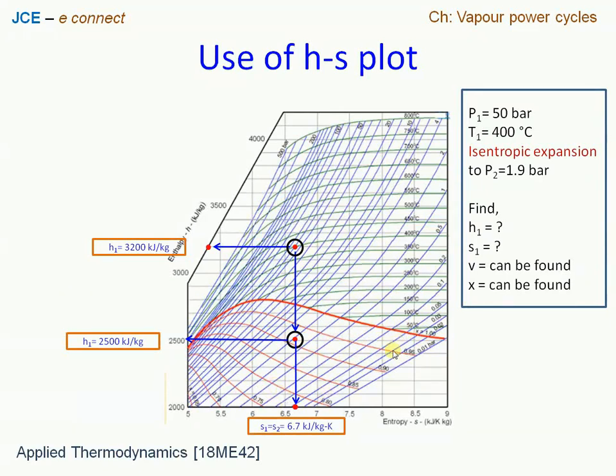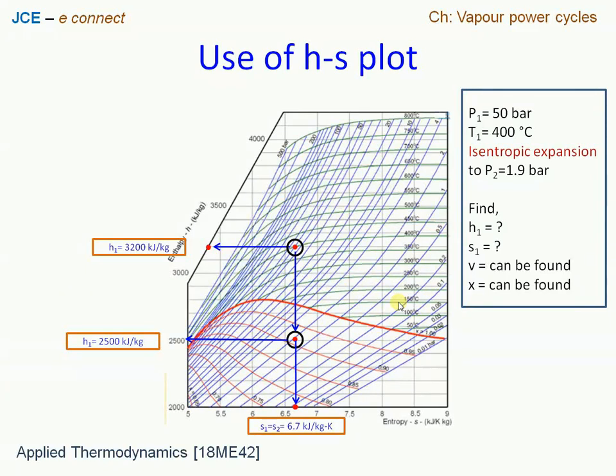So friends, with this we are now comfortable in using the HS plot. When a question is asked in an examination related to a vapor power cycle, and if the examiner asks to use the HS plot, this is a method one can use to find the required properties of the working fluid.